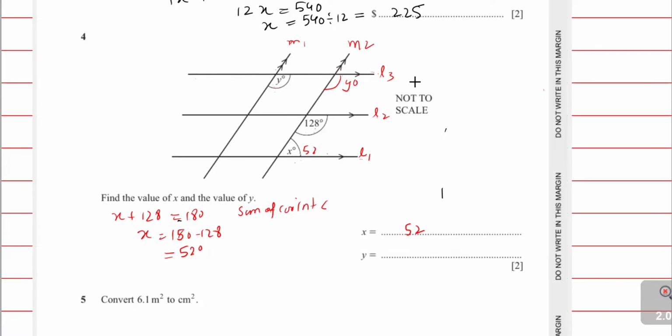And look here, these lines are parallel, L3 and L2. Therefore, y degree will be equal to 128 because of corresponding angles between line L2 and L3. Therefore, this angle is 128.